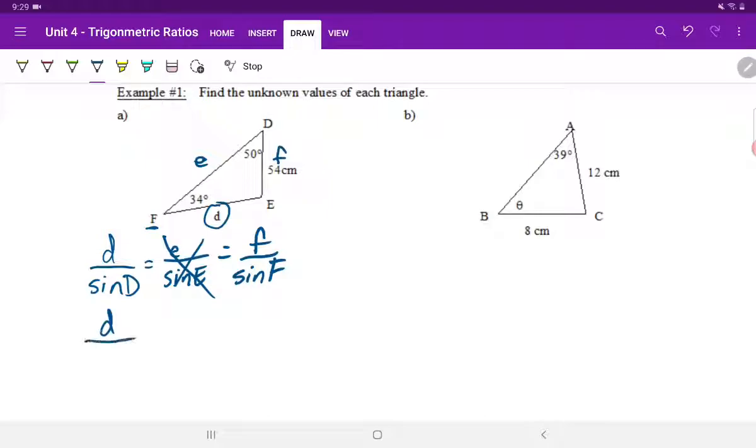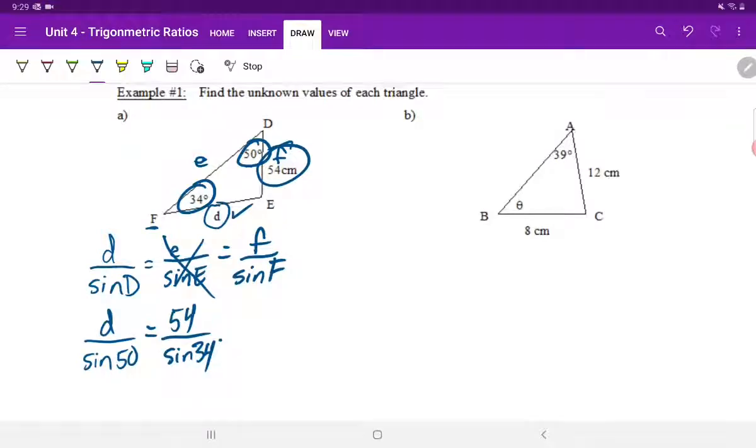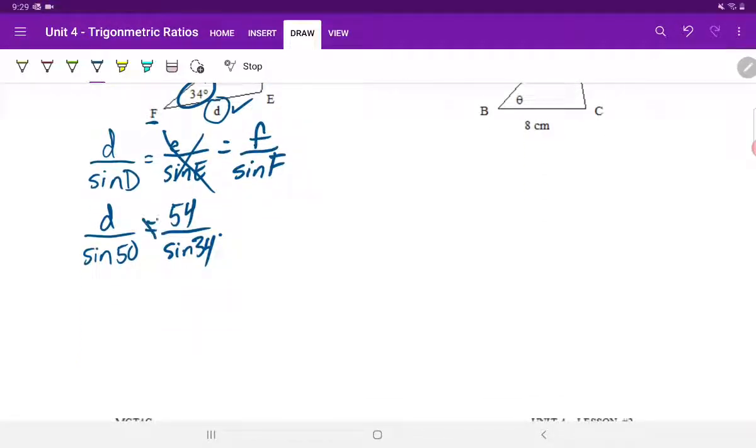Let's substitute all our values in. Leave d as it is because we need to solve for d. Put in your angle D, which is 50. Put in your lowercase f, which is 54. And your angle F, which is 34. All right, now straightforward here, we're just going to cross multiply.